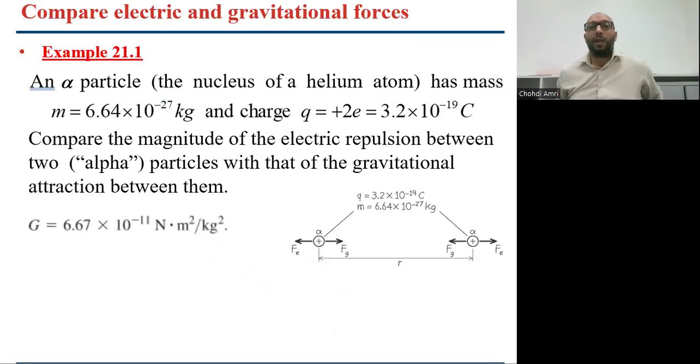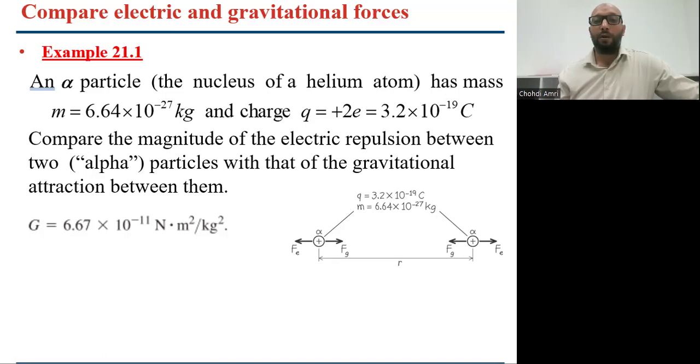Let's take an example. This example is a comparative study between electric force and gravitational force, which is example 21.1 in the book. An alpha particle, the nucleus of a helium atom, has a mass of m equal 6.64 times 10 power negative 27 kg, and the charge q equal plus 2e, that means 3.2 times 10 power negative 19 coulomb.